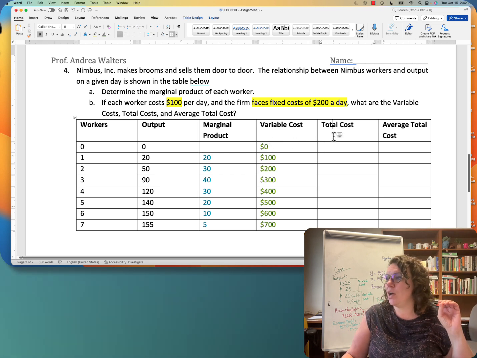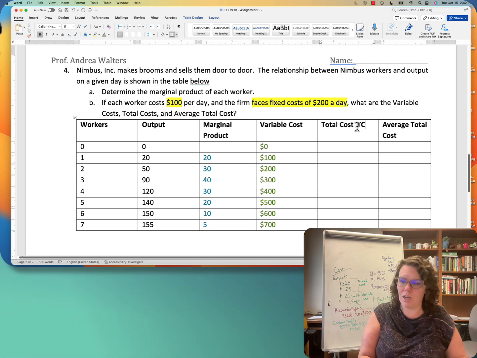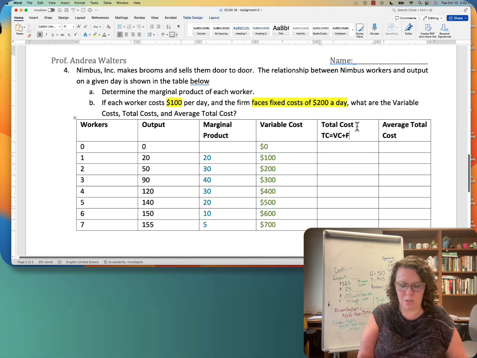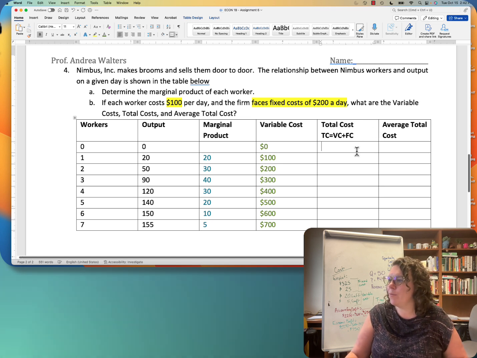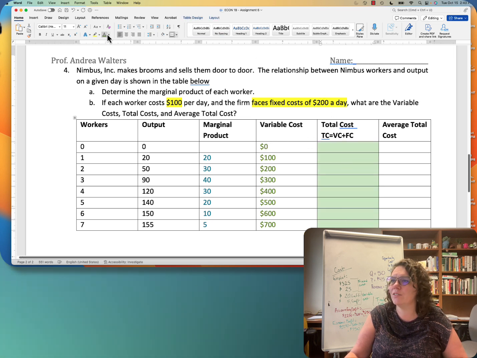Now to get total cost, we want to remember that total cost is equal to fixed cost plus variable cost. So here I've got a variable cost of $0, but I know I face a total cost of $200 a day.